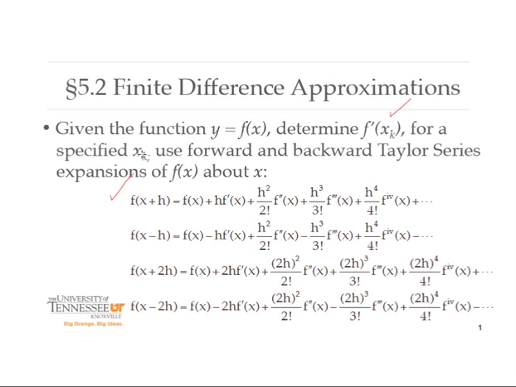And so the very first formula we have here on the slide is a representation of forward movement in terms of estimating what the function is at x plus h if we know what the function is doing and several of its derivatives at x. So the idea here is that an estimate of the function at x plus h is given with the value you have at f of x plus the rest of these terms. h is, of course, the distance that you're moving forward, and it's multiplied by the first derivative, h squared over 2 factorial times the second derivative, h cubed over 3 factorial times the third derivative, plus h to the fourth, and so on.